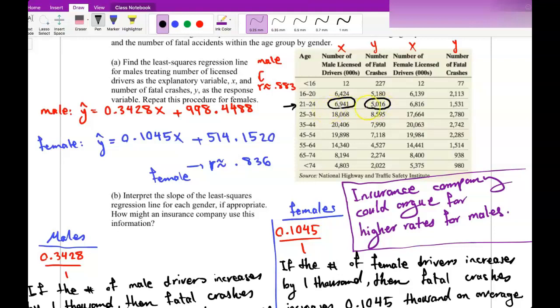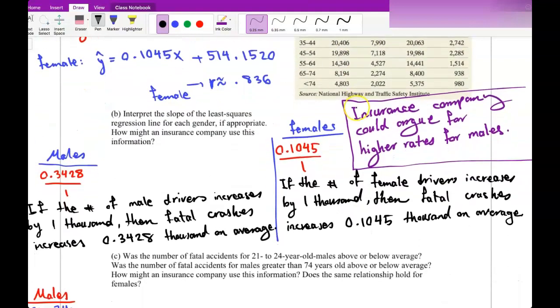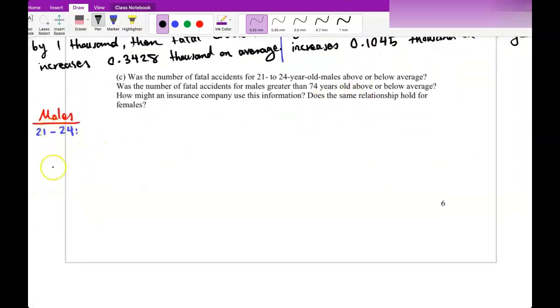This is observed. Here we want to find predicted, and then compare predicted and observed and see if the result is above or below.